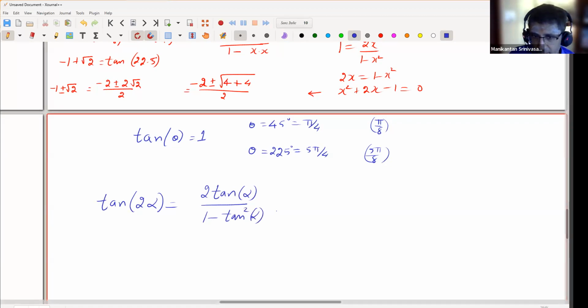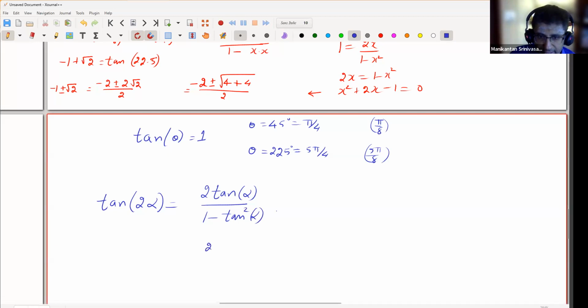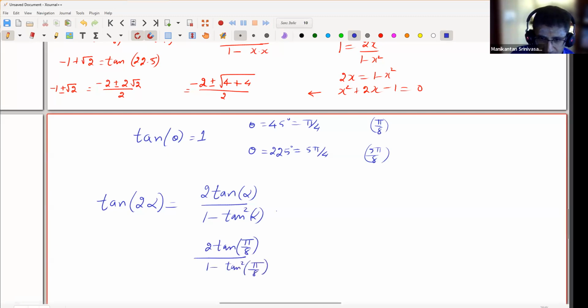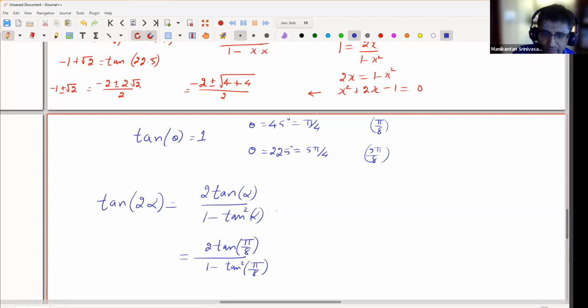Correct? You're with me so far? Now, if I put alpha as pi by 8, pi by 8 is my 22.5 degrees. This is tan of 2 times alpha, which is tan pi by 4, which we know is 1.